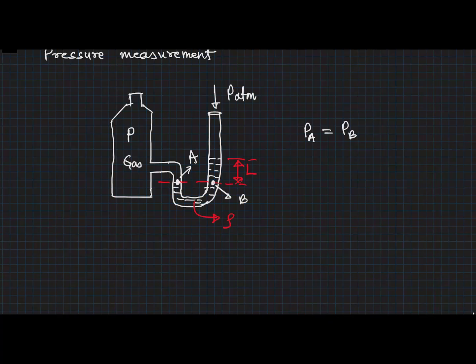Then PA is nothing but the pressure of the gas, so P, and PB can be broken down into P atmospheric plus rho of the liquid into g into L. So this formula can be used to get the pressure of the tank, and this is a kind of device we use for pressure measurement.